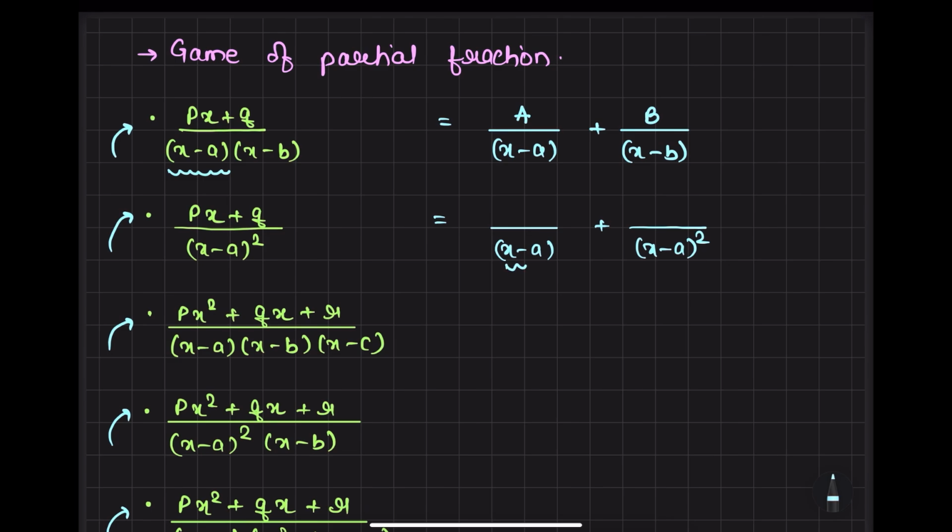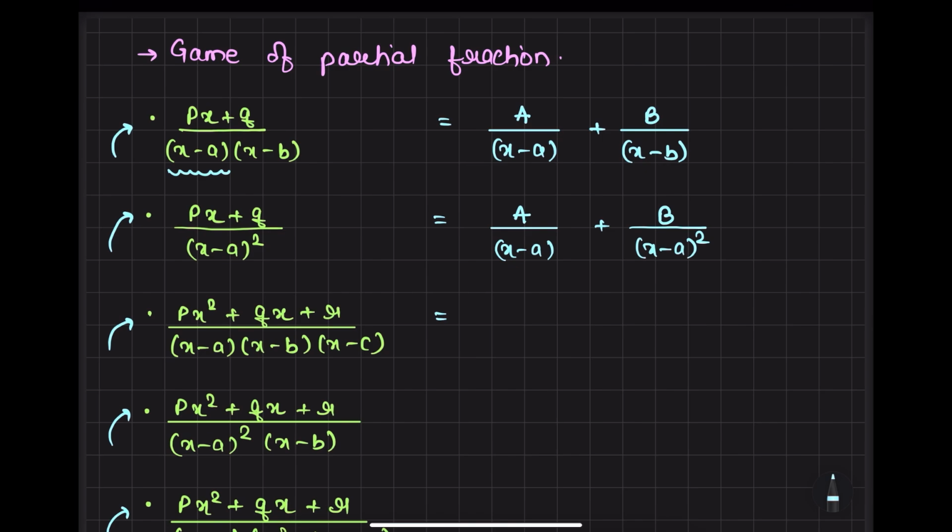Now you have to focus on the entity which is inside the bracket. If it is linear, you will write a constant. If it is quadratic, you will write linear. If it is cubic, you will write quadratic. So constant A, and here also, inside the bracket it is linear, so you will write constant B. You will solve for A and B, and then you can segregate one question into two questions, and those two questions will be easier.